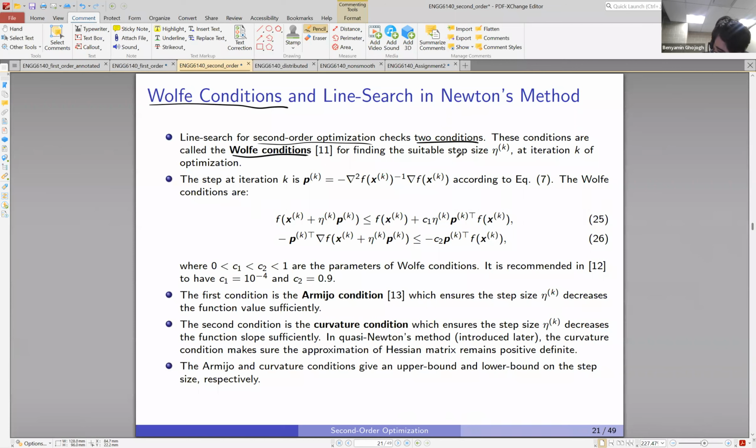So we use the Wolfe conditions to find the step size. Of course, line search is for finding the step size, the learning rate, right? And at iteration k, we call the step size eta k. Do you remember this? This is the update, or delta x, at iteration k.